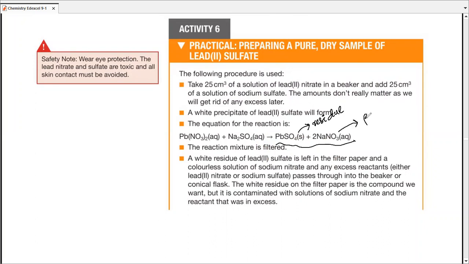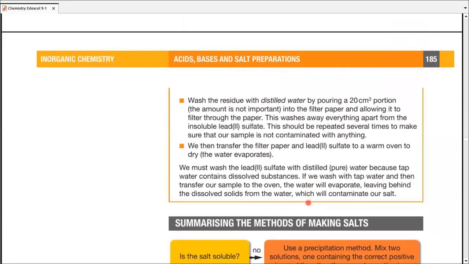This is going to become a part of the filtrate and will pass through the filter paper to move to the beaker below the filter funnel, of course. So whatever we get on the top of the filter paper, we can wash those crystals and we can dry them.